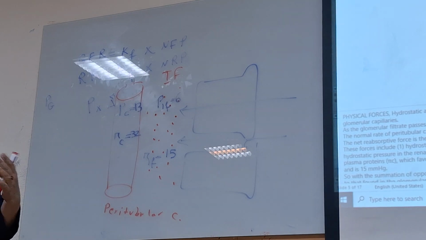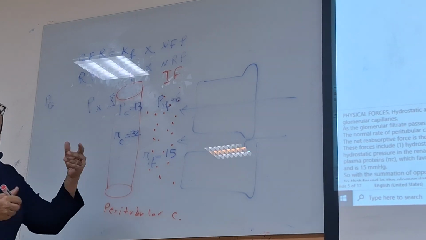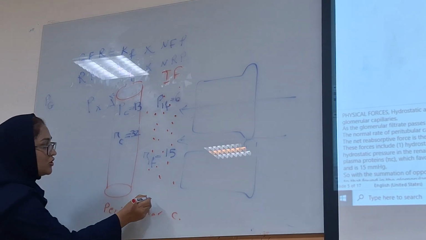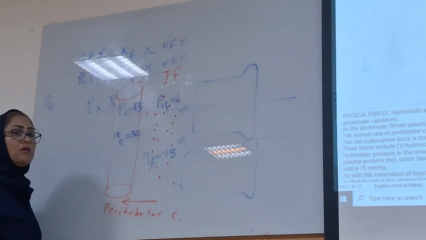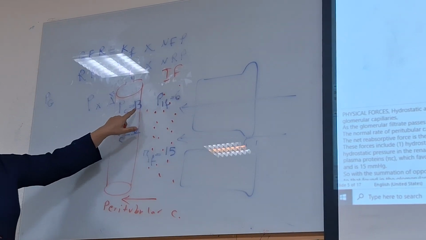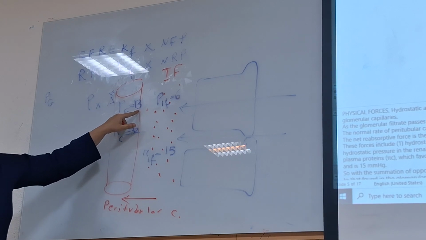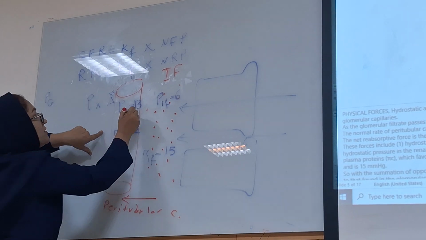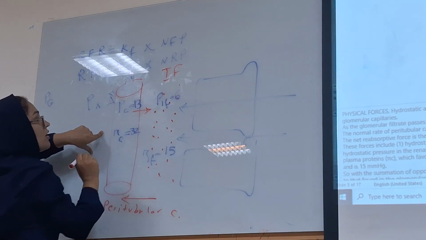Tell me, are these favoring or opposing reabsorption? Reabsorption direction is inside. PIF is opposing. PC is opposing, because the direction is on this side.